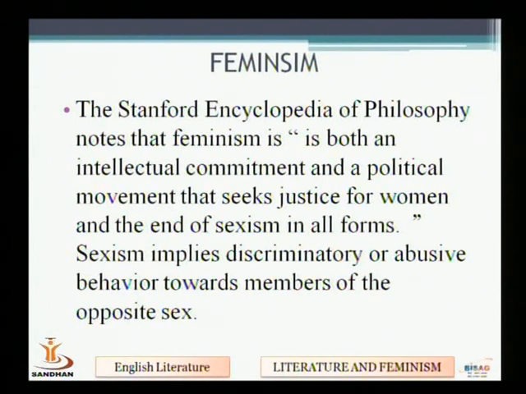The Stanford Encyclopedia of Philosophy notes that feminism is both an intellectual commitment and a political movement that seeks justice for women, an end of sexism in all forms. The term sexism implies discriminatory or abusive behavior towards members of the opposite sex.